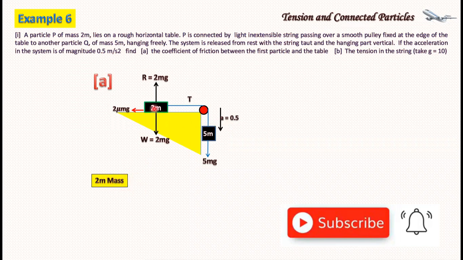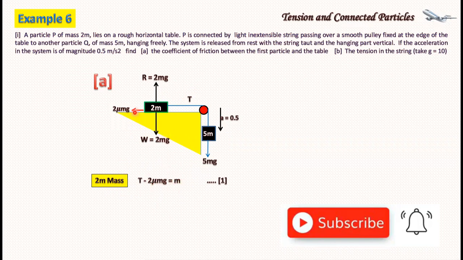So let's start with the 2m mass. Resolve the forces for the 2m mass. We have T minus 2 mu mg equal to the mass times the acceleration. The mass is 2m times the acceleration of 0.5, which just gives us m.